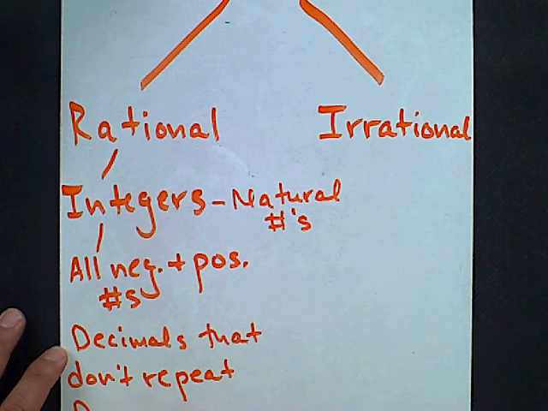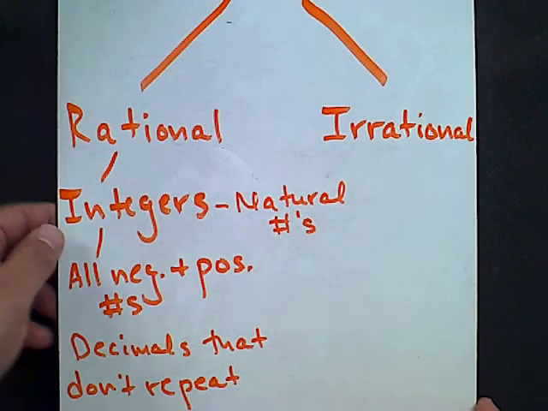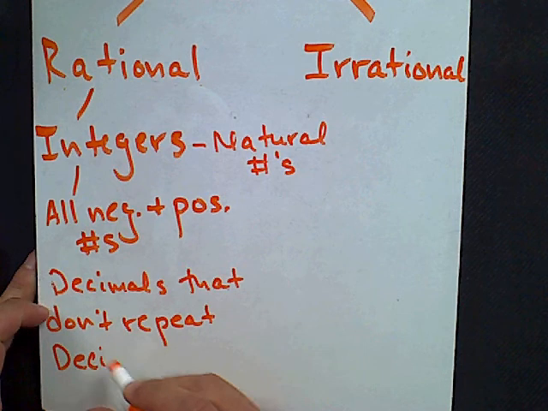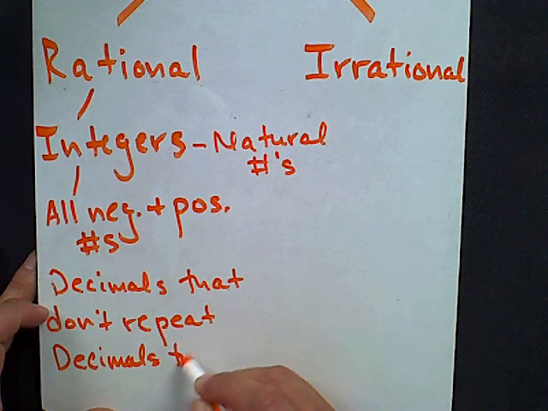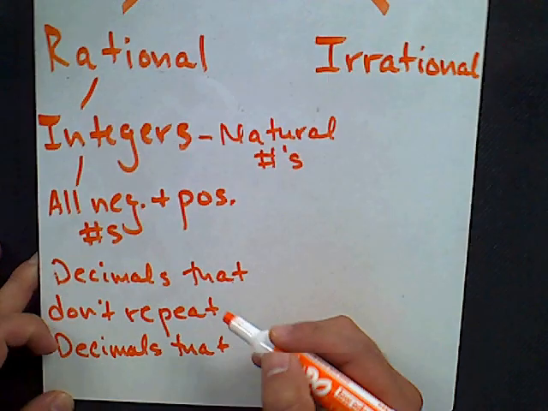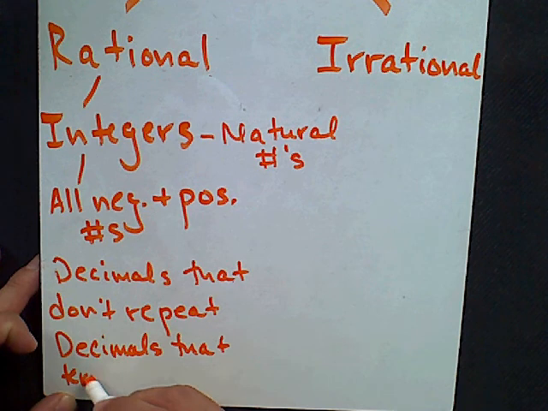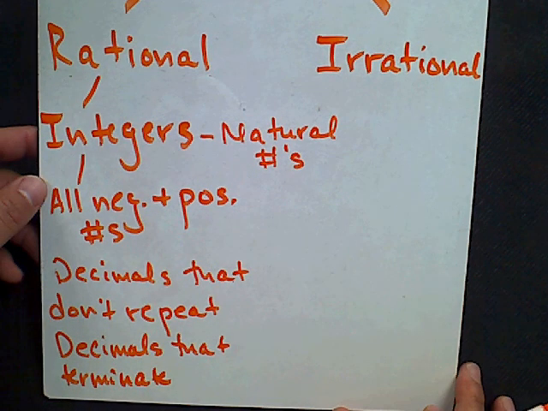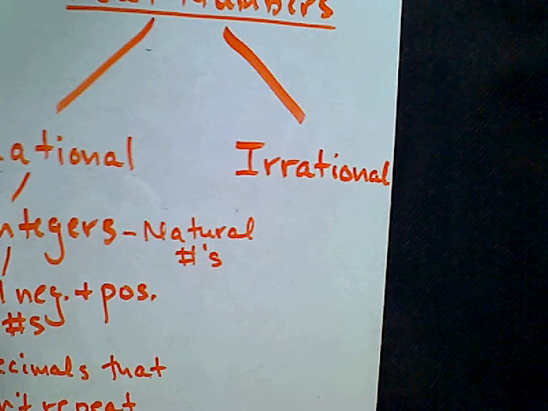Your next type of rational number, I'm just going to write it down here, are decimals that don't repeat.